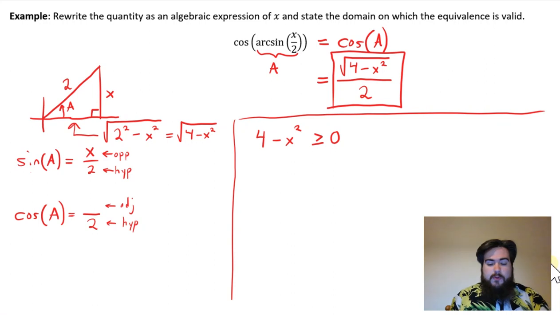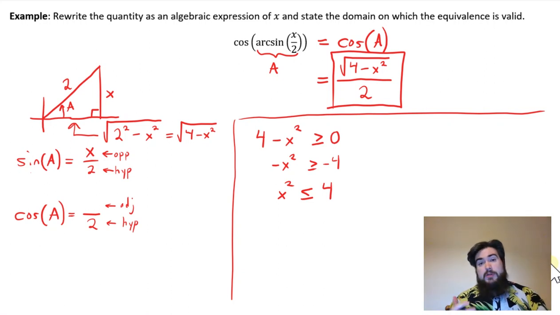If I subtract 4, I'll get negative x squared is greater than or equal to negative 4. And either multiply or divide by negative 1, which means that x squared is now less than or equal to positive 4. Multiplying both sides by the negative will flip that inequality.